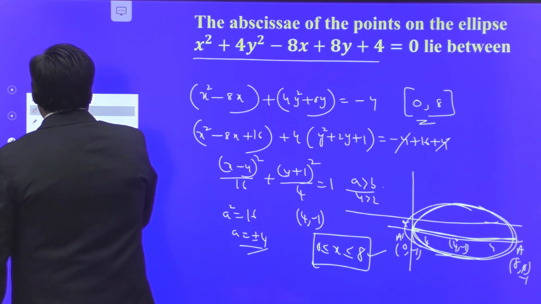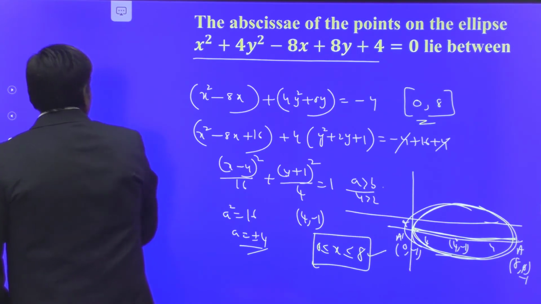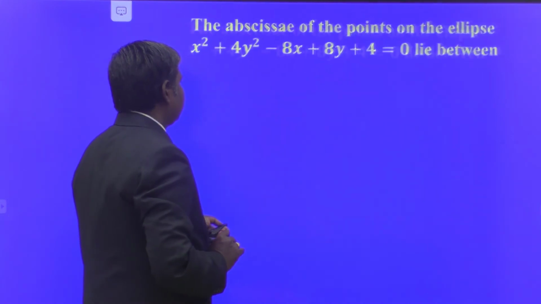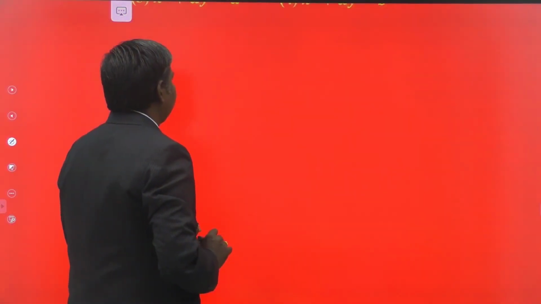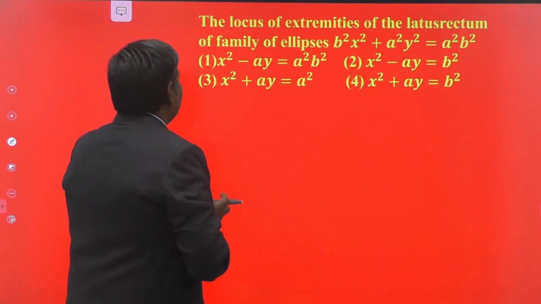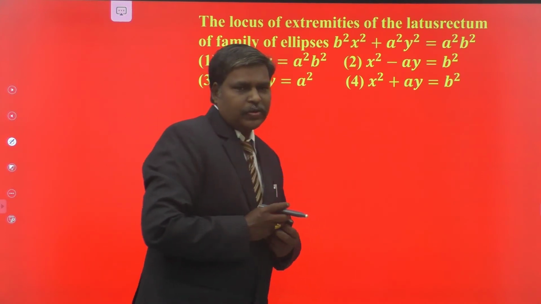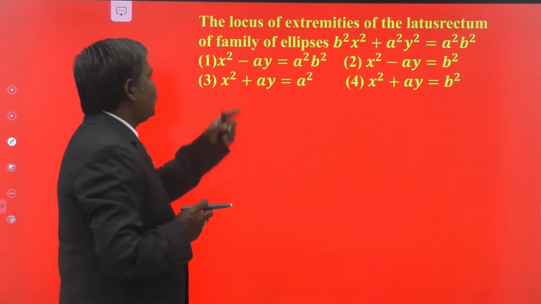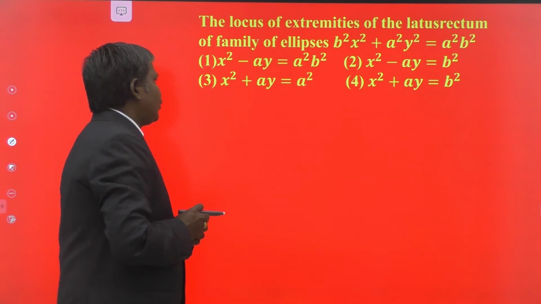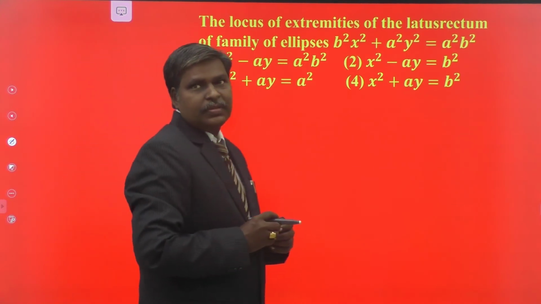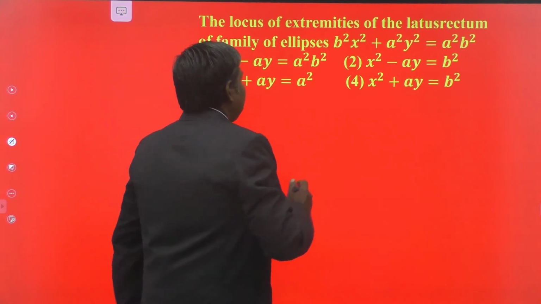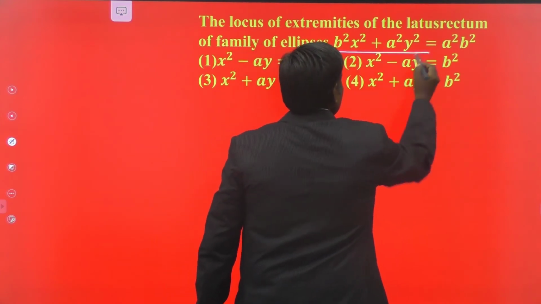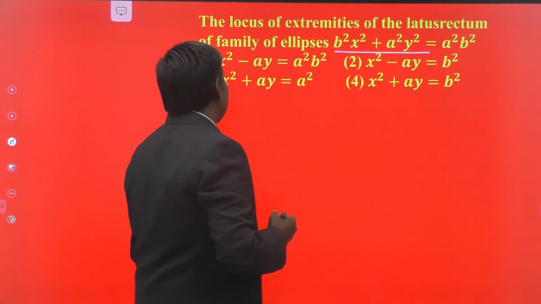Okay, we will move to the next problem. This is a simple locus for you. The locus of extremities of latus rectum of the family of ellipse b square x square plus a square y square is equal to a square b square.